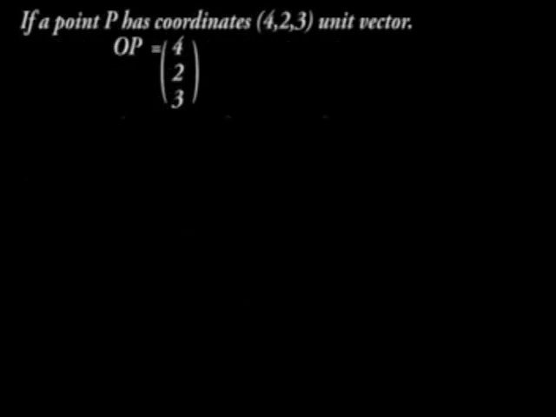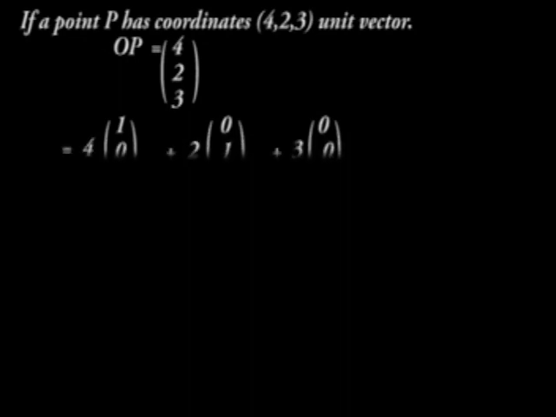For example, if a point P has coordinates (4, 2, 3), it can be expressed in terms of the unit vectors. OP is equal to (4, 2, 3), which is equal to 4 times (1, 0, 0) plus 2 times (0, 1, 0) plus 3 times (0, 0, 1).